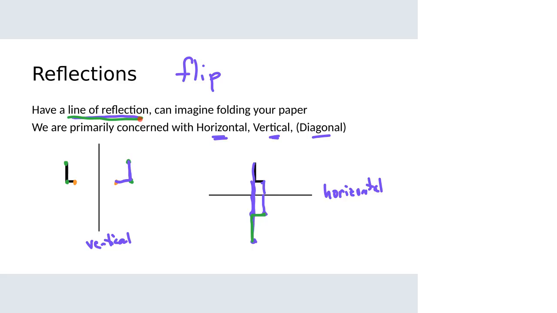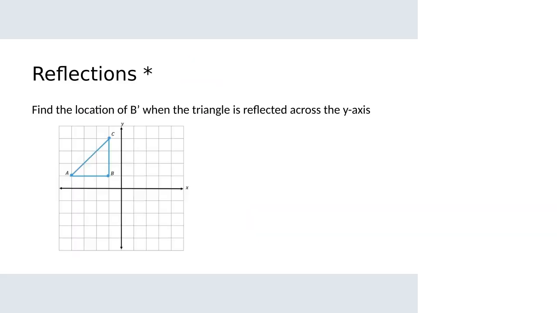Any questions about what we did there for reflection before I have you try a couple of those? All right, here goes. So we have this triangle here, ABC. That's our pre-image. My question to you in this poll I'm about to set up is, find the location of B prime if we reflect across the y-axis.